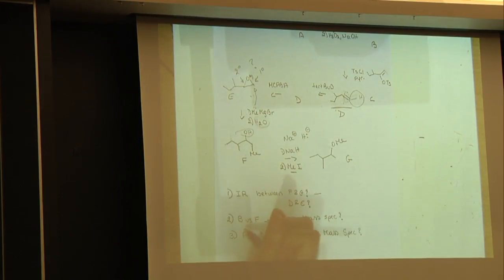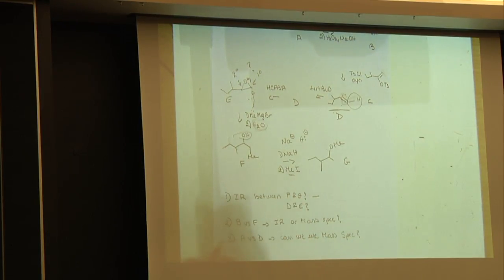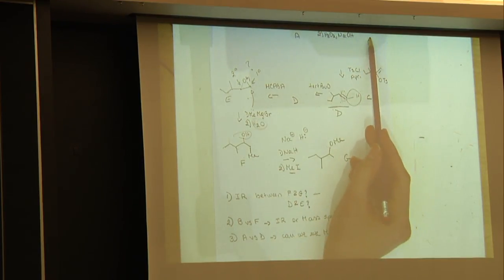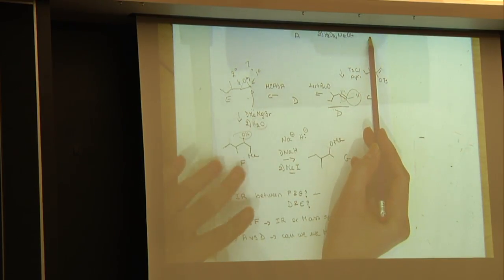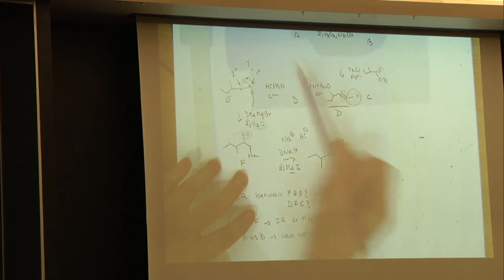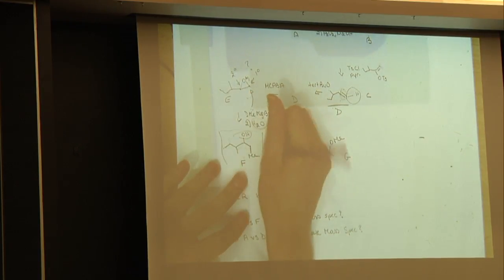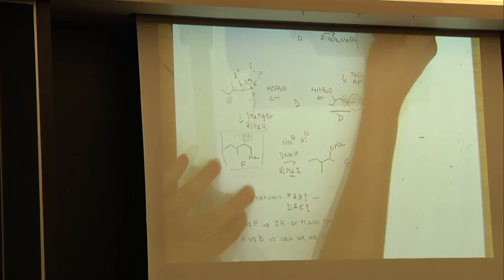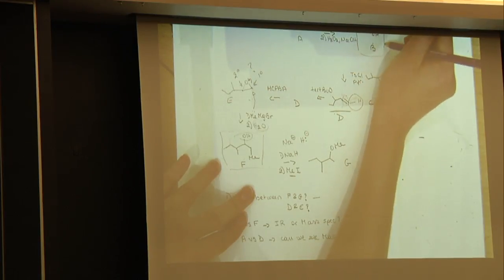Now, B versus F, should I use IR or mass spec? Exactly. We have 2 alcohols, that's going to show up in our IR.